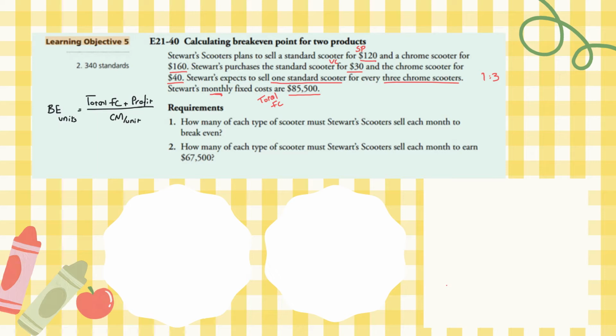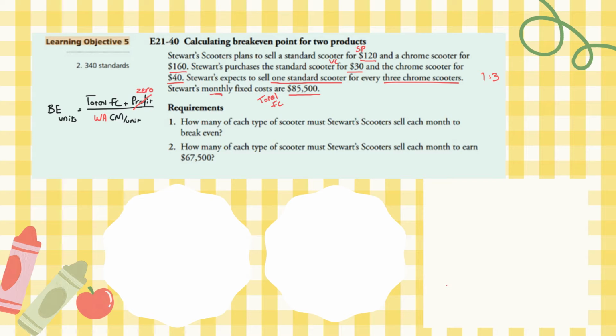At break-even point there is no profit, it's 0, and because we are going to have two products, instead of contribution margin per unit we're going to use weighted average contribution margin per unit.